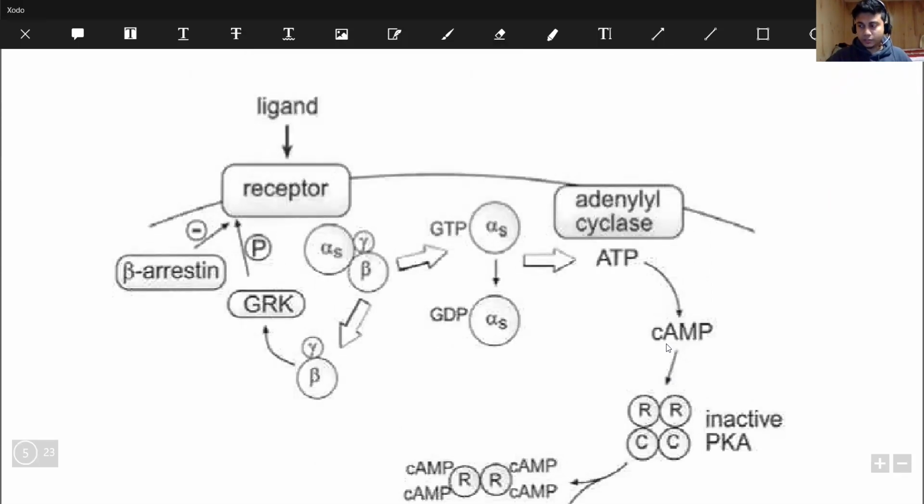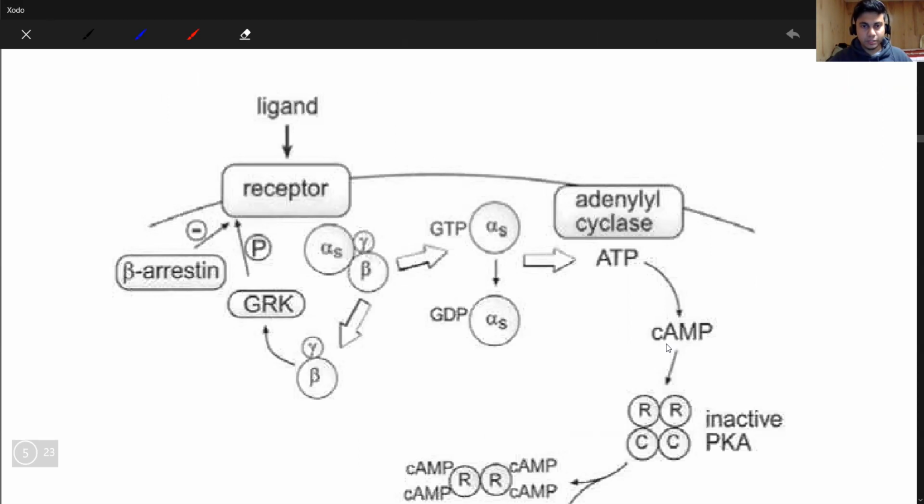Now, as you can see, when this beta and gamma subunit are detached from the alpha subunit, they have a tendency to inhibit this ligand receptor action. That means they were here together with alpha. Now, whenever this signal came, this alpha changed its mind and detached.